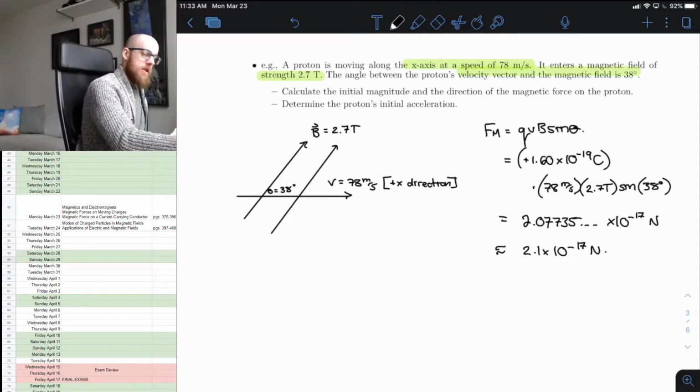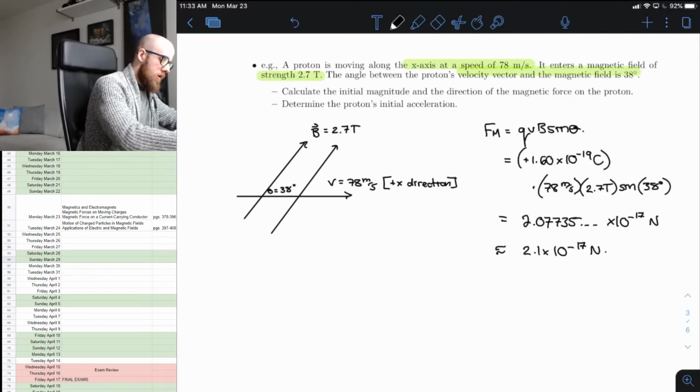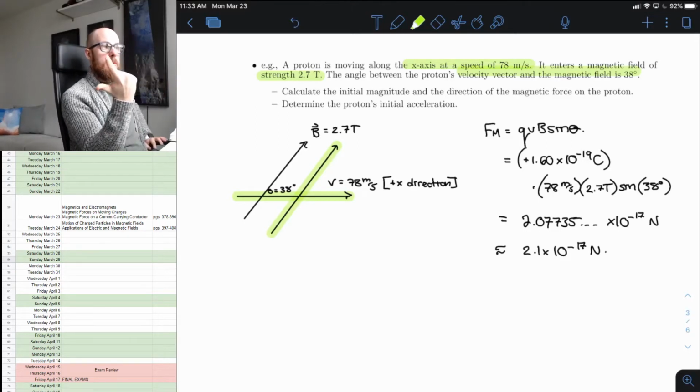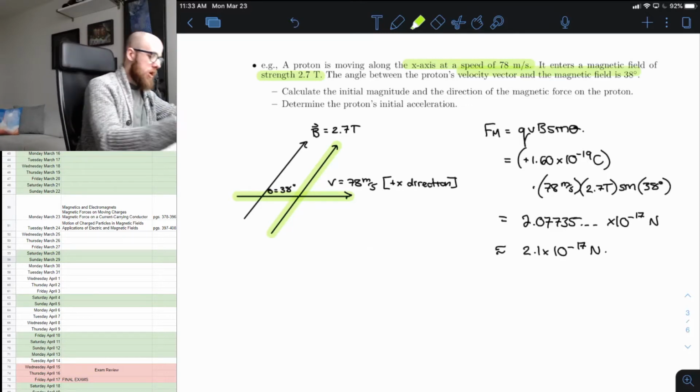Does everyone see that? Velocity points to the right, the magnetic field points at an angle up, and so the magnetic force is going to be back towards us, based on this picture here.